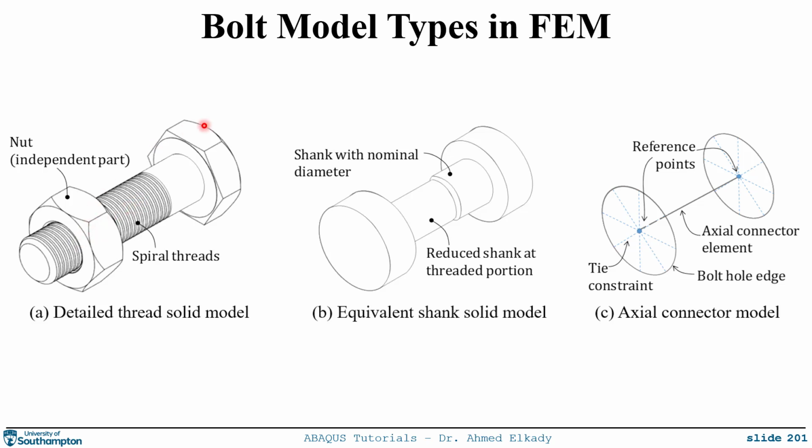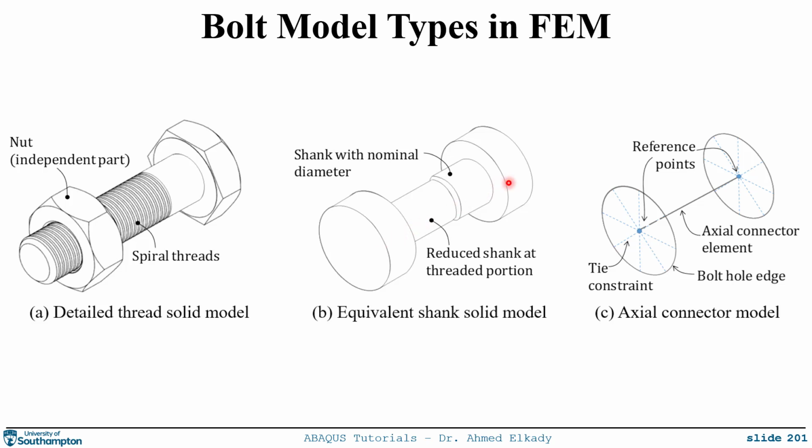Now, for most other applications that are looking for the overall behavior of a connection or a joint, you wouldn't need this sophisticated bolt model. Instead, you can represent the bolt using one solid part as shown over here. In that case, you just represent the bolt head and the nut with round solid elements.